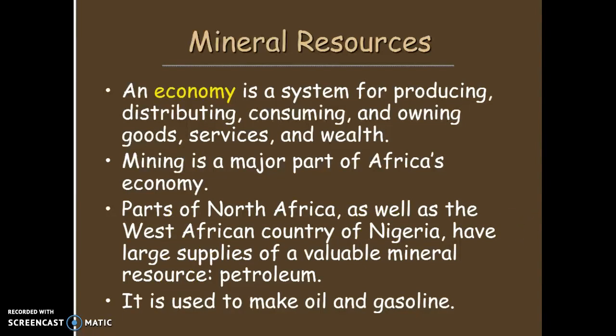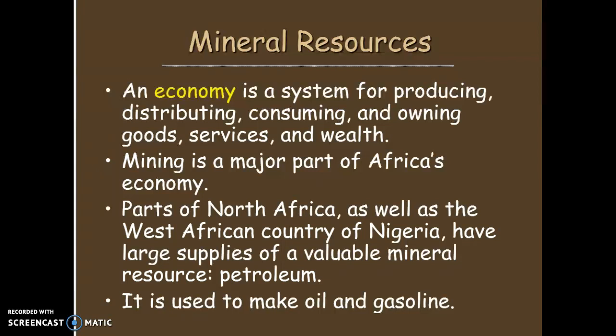Parts of North Africa as well as the West African country of Nigeria have large supplies of a valuable mineral resource, petroleum. Nigeria actually has so much oil that they are part of OPEC, which stands for the Organization of Petroleum Exporting Countries.